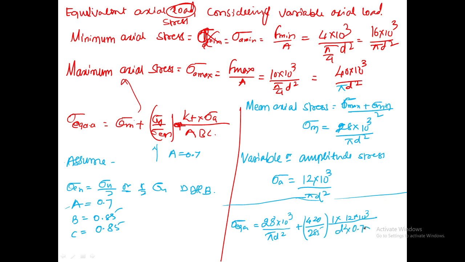A is 0.7, B is 0.85 and C is also 0.85. You will get the value in terms of d square here.